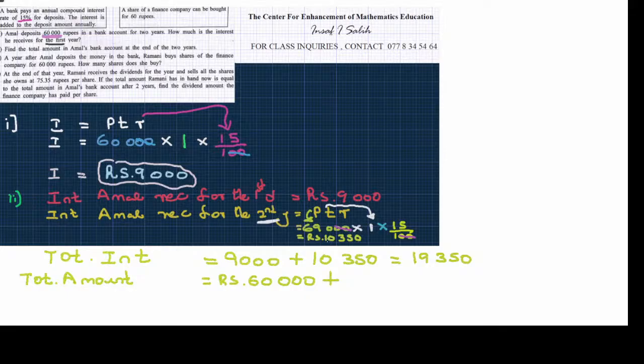What is the extra amount the bank is giving him? 19,350. So altogether he can take home rupees 79,350.